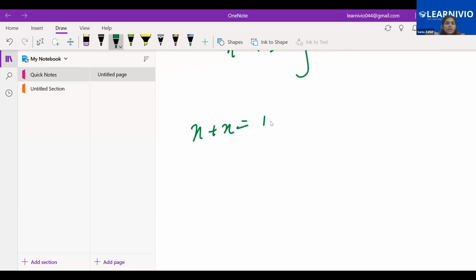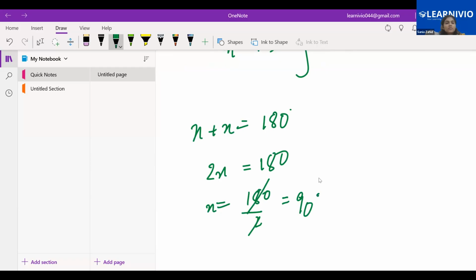Then 2x is 180 and x is 180 divided by 2. What's the answer? 90 degrees. So the angle which is equal to its supplement is 90 degrees. Like the supplement of 90 degrees is also 90 degrees only. Right? Yes, ma'am. So do these both questions on your own.